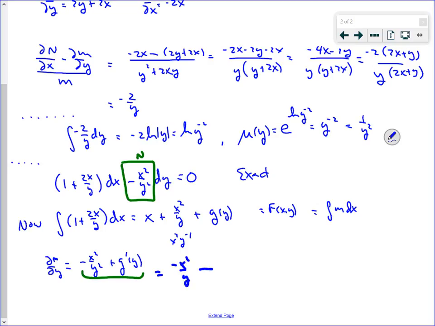So that means whatever g was, its derivative was 0, because there is no other term on this guy. There's no y term on that guy that we didn't have before. So that means g prime of y is 0. I mean, g of y is a constant. Okay.